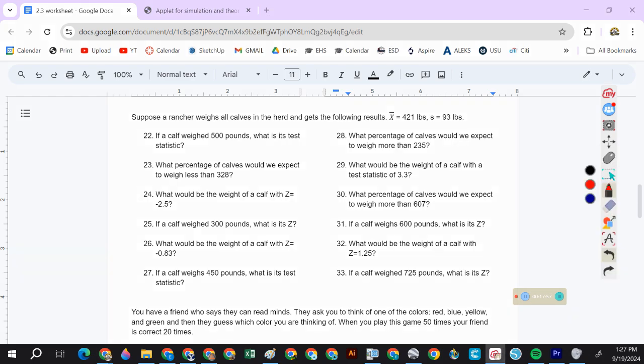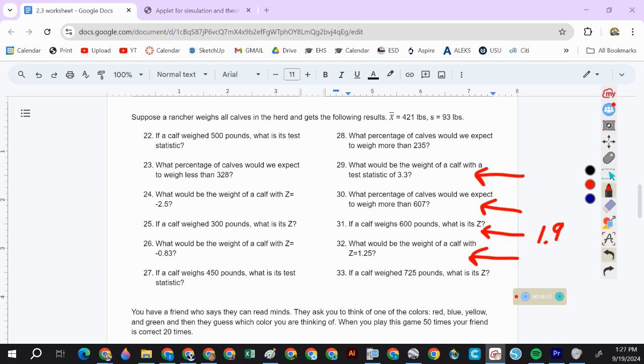All right. What would be the weight of a calf with a test statistic of 3.3? 727. And more than 607? 2.5. Z-score if the calf weighs 600? 1.9.